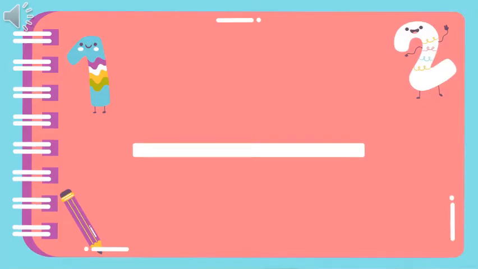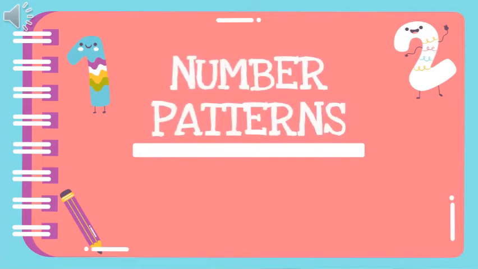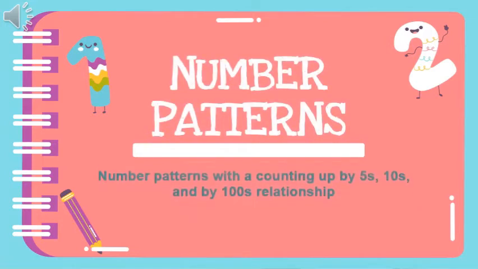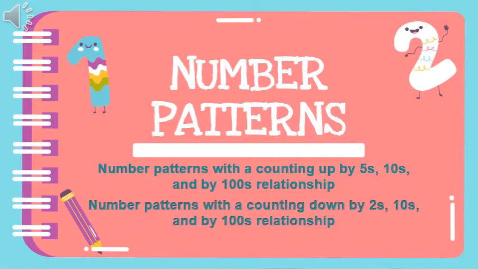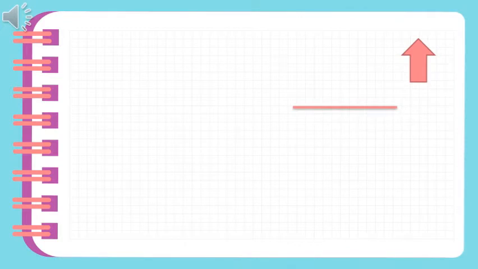Again, we are going to learn about number patterns. Number patterns with a counting up by fives, tens, and by hundreds relationship. We also have number patterns with a counting down by twos, tens, and by hundreds relationship. Number patterns.